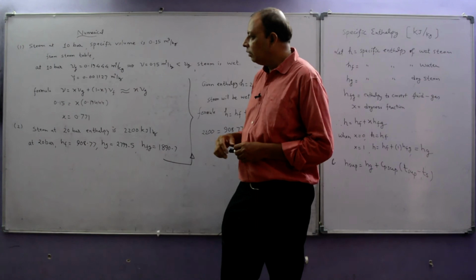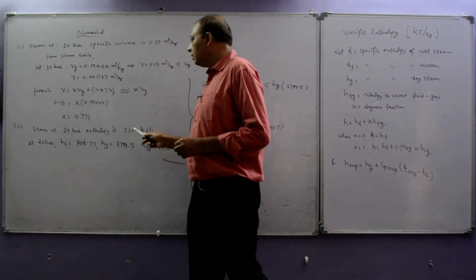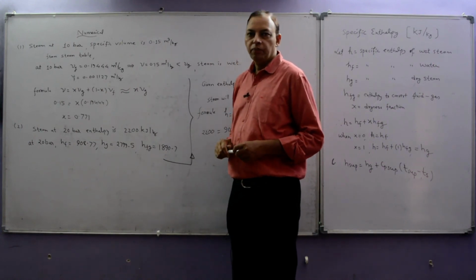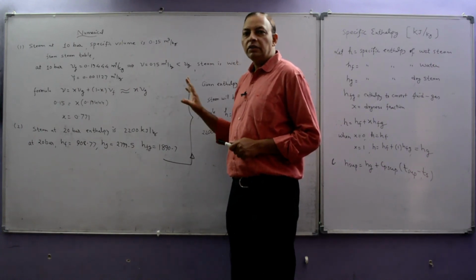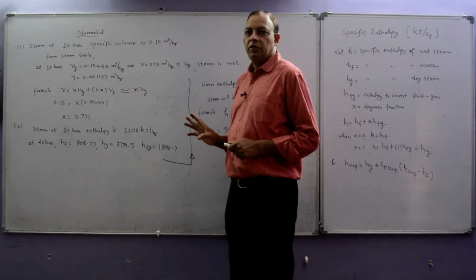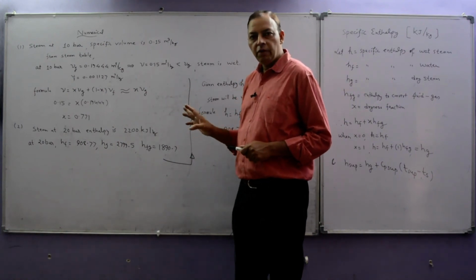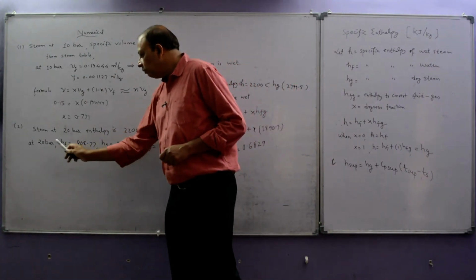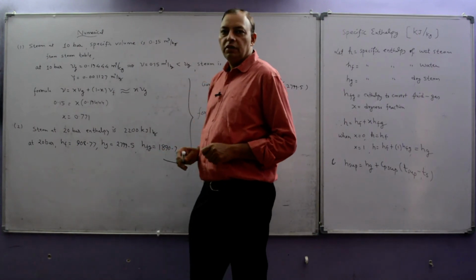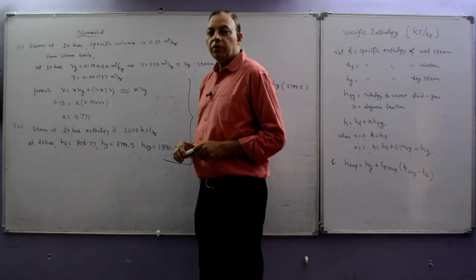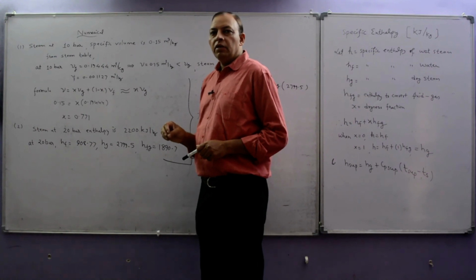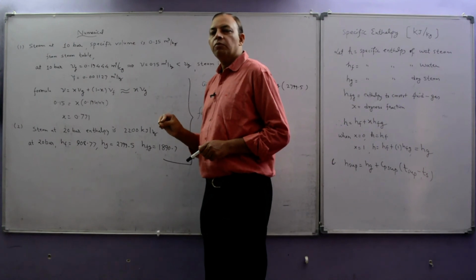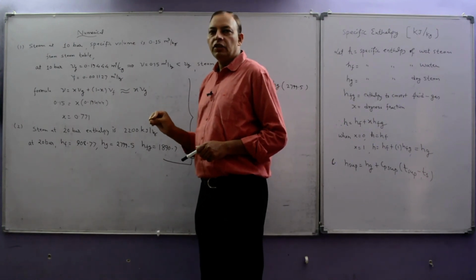Similarly, we have another example. Steam at 20 bar and the enthalpy of steam is 2200 kilojoule per kg. We will apply the same scenario, same condition. First of all, go to the steam table, and there at 20 bar you will get the value of Hg for dry saturated steam, because the properties of wet steam will always be less than the properties of dry saturated steam.